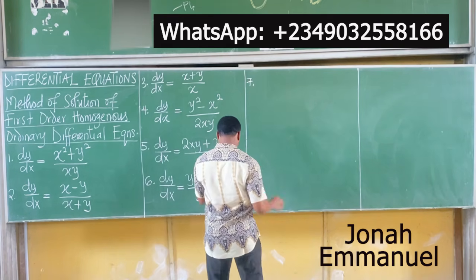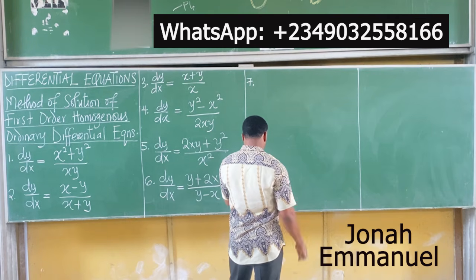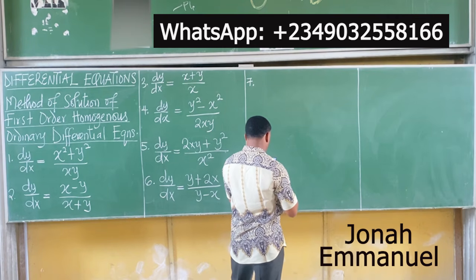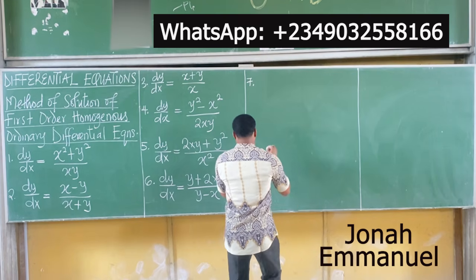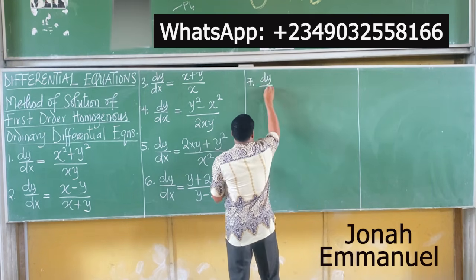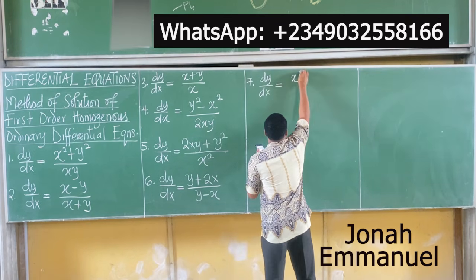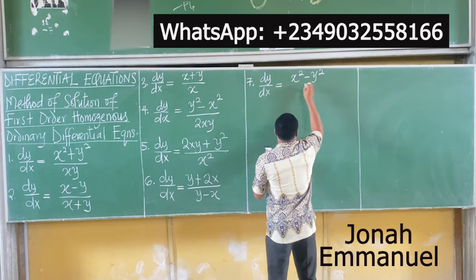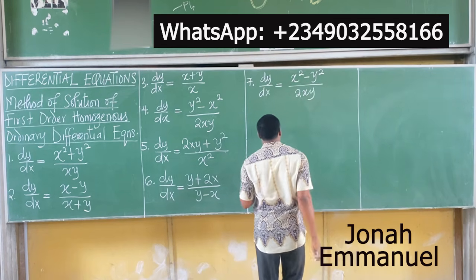Number seven, dy/dx equal to x squared minus y squared all over 2xy.